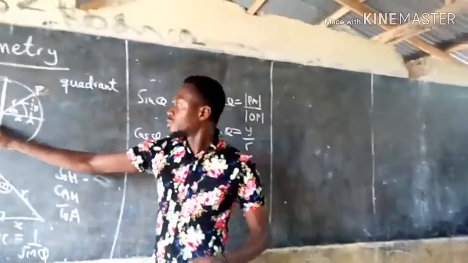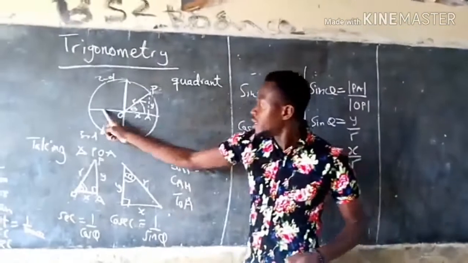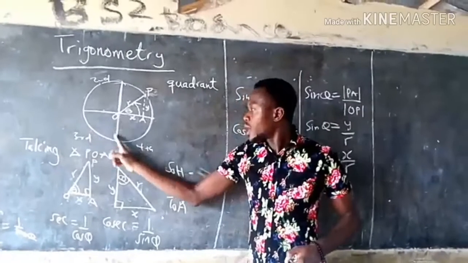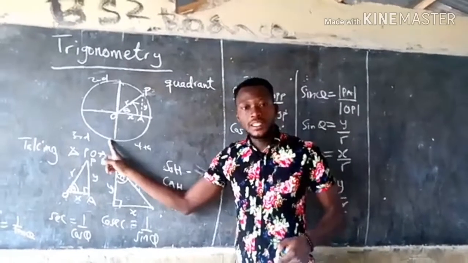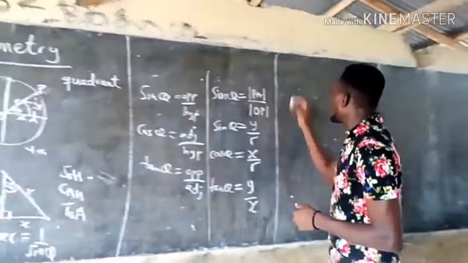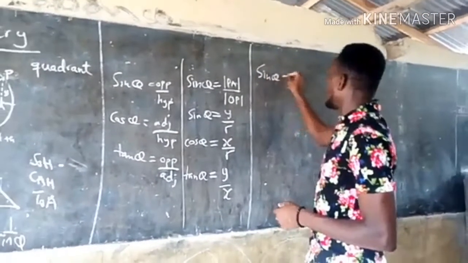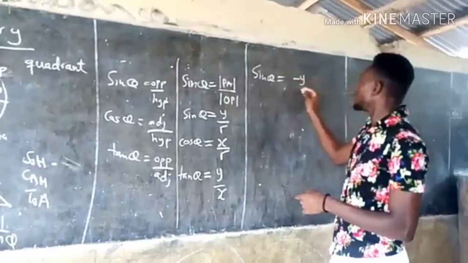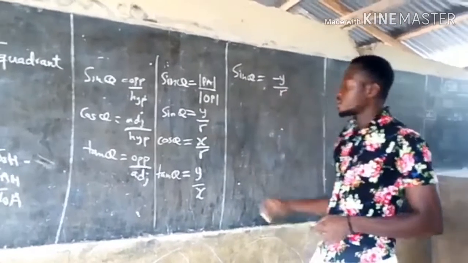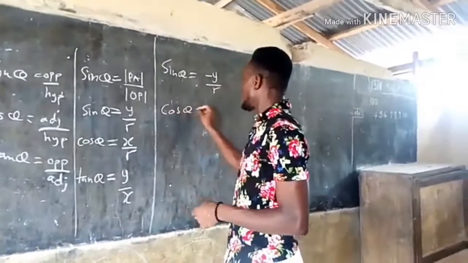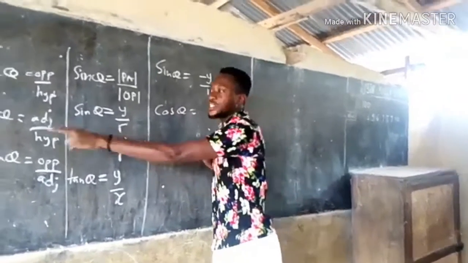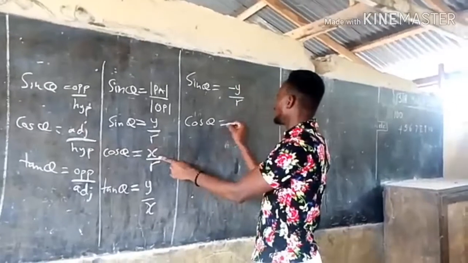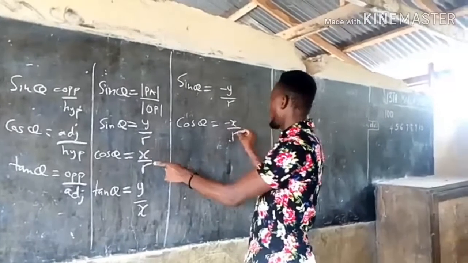In the third quadrant, you see that x is negative, y is also negative. So we are going to have sine theta, which is y over R. But the y is negative, so this will give us negative y over r. Cos theta is x over r. But in the third quadrant, x is negative, so this will give us negative x over r.